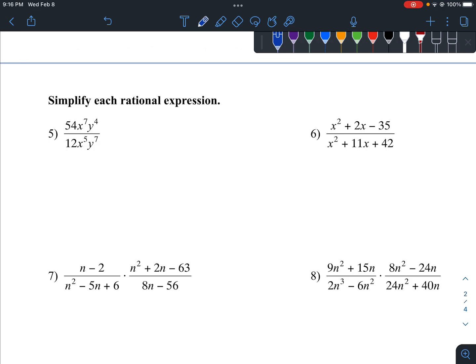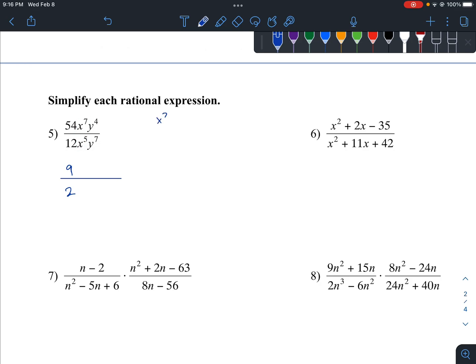So 54 and 12, I believe that they are both divisible by 6. So 54 divided by 6 is going to be 9. And then 12 divided by 6 is 2. So 9 halves. And then x to the 7th and x to the 5th.